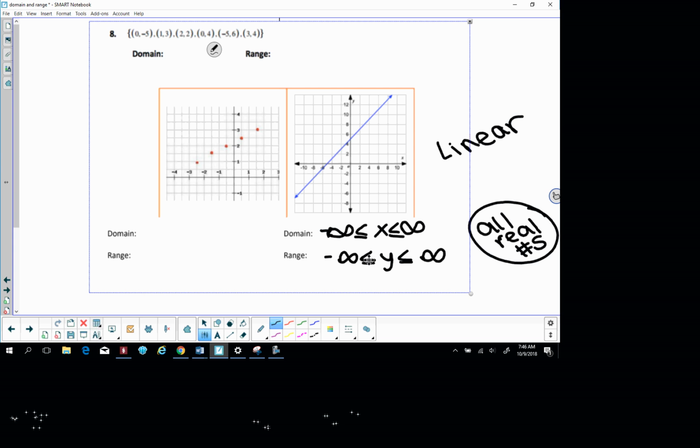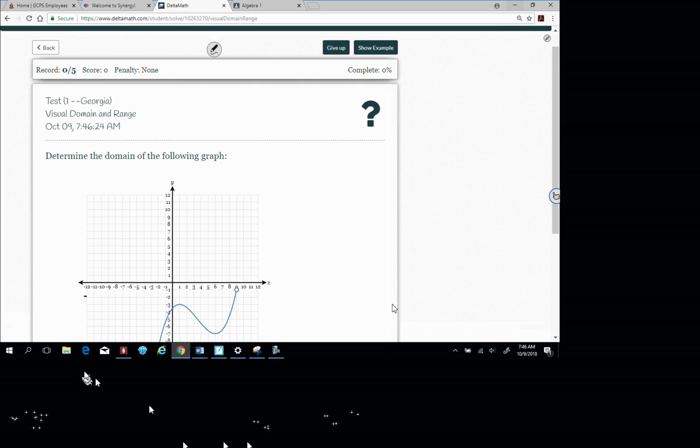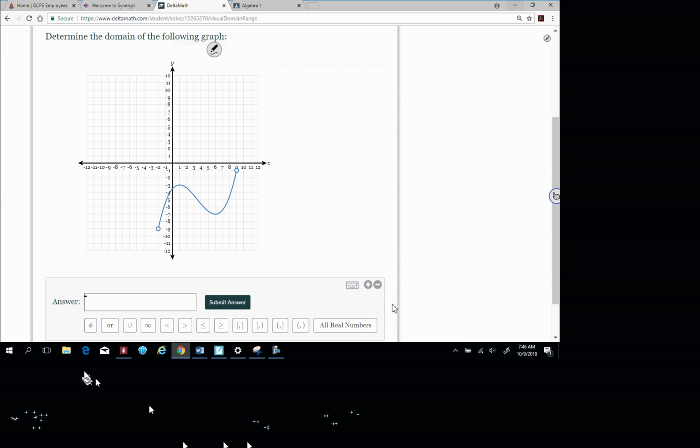I'm going to show you what it looks like too on your homework right here. So the homework is this last one. It says visual domain and range. And so this one, they want you to find the domain. So right here, domain, is that side to side or up and down? Side to side, right? And so I see that this side is at -2, right? So I would put -2, but see how it's an open circle on -2? Would I have a line underneath the inequality or no line?